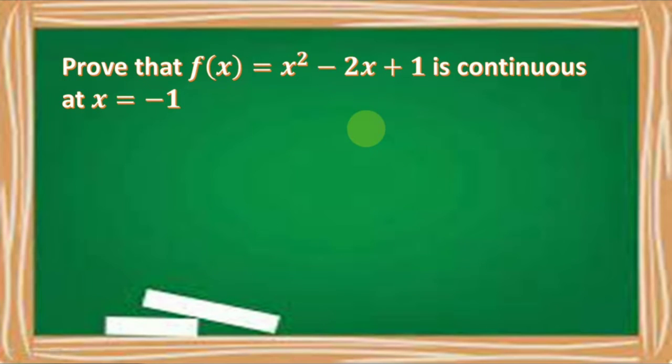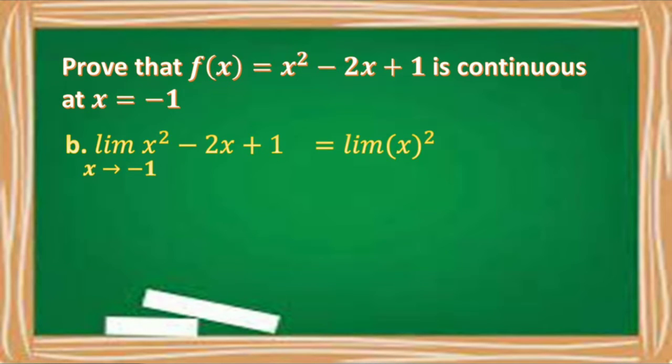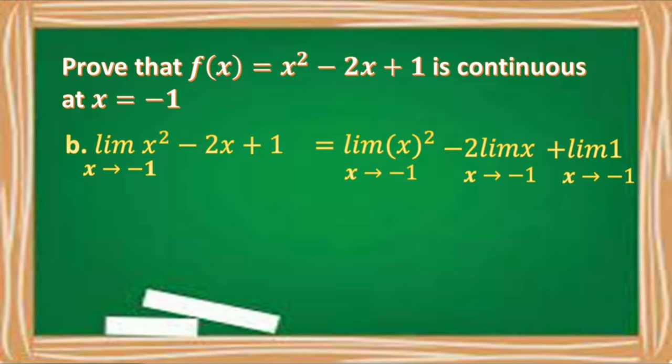Let us now test the second condition by evaluating the limit of the function. So the limit of x squared minus 2x plus 1 as x approaches -1 is equal to the limit of x squared as x approaches -1 using the power theorem, minus 2 times the limit of x as x approaches -1 using the constant multiple theorem, plus the limit of 1 as x approaches -1 using the constant theorem.